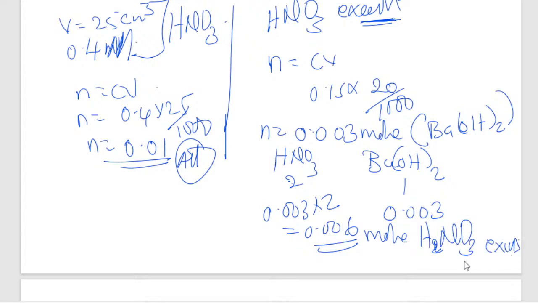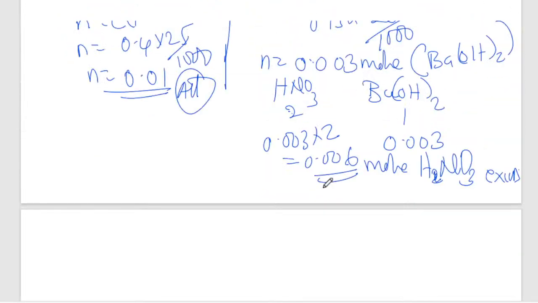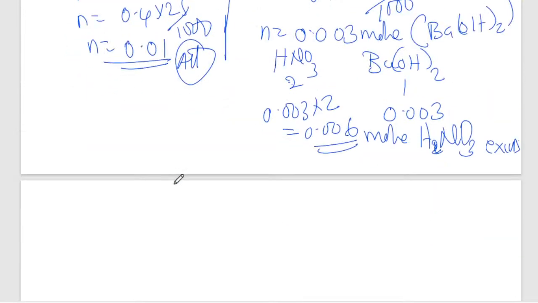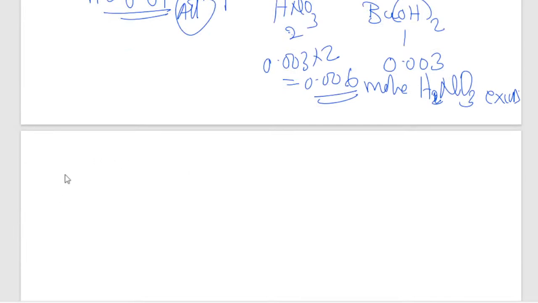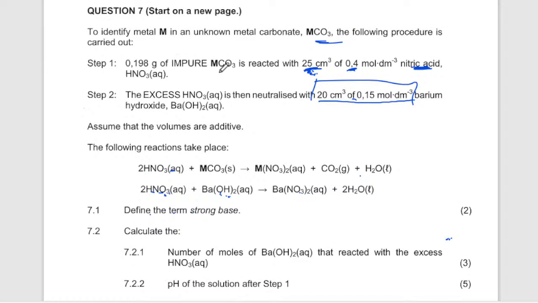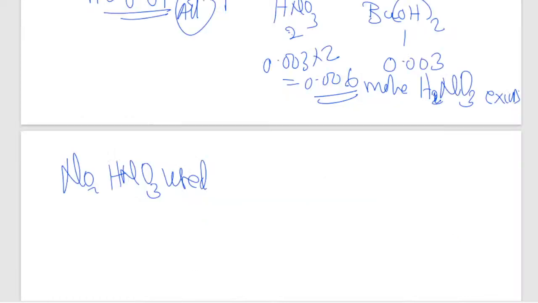Yes. So now once I get the number of moles of nitric acid in excess, now I can subtract this from this. So I'm going to say number of moles of nitric acid used, because that's what we want. We want to know what is used, because the one which was used to react with this impure sample, so that we know exactly.